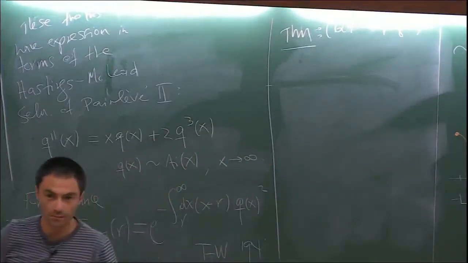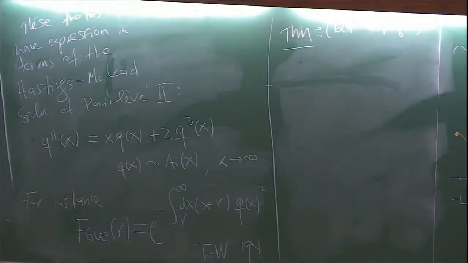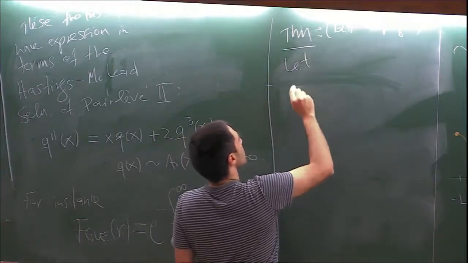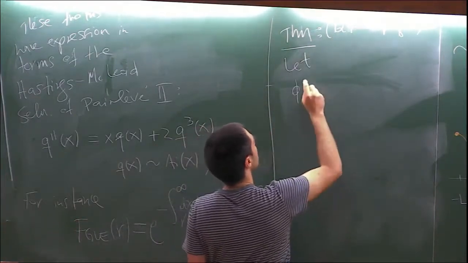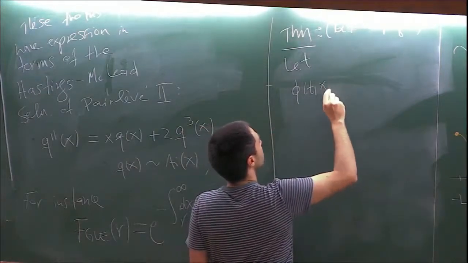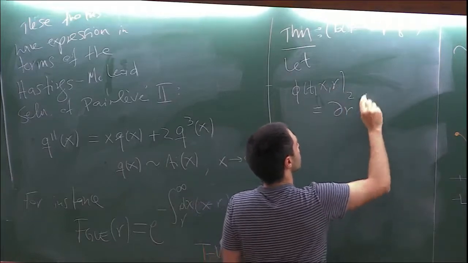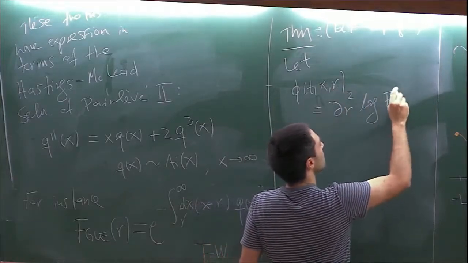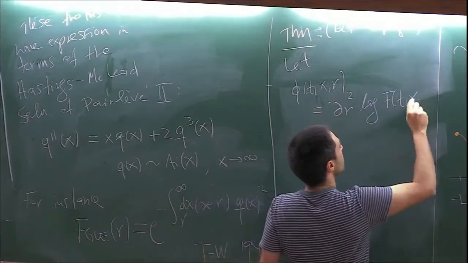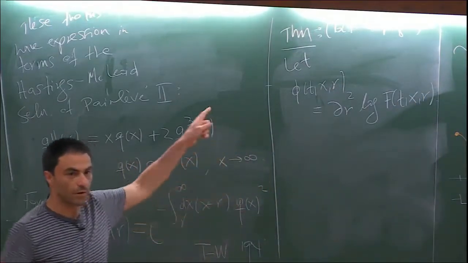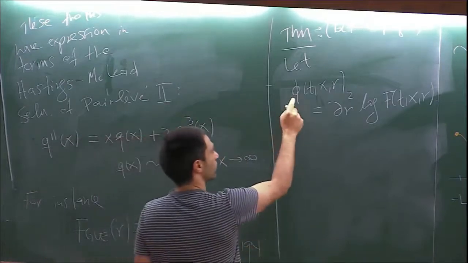So this is with Jeremy, but it hasn't been posted yet. So it says the following: let phi of t, x, r be the second derivative of the logarithm of F. And now I'm going to write a PDE for phi.